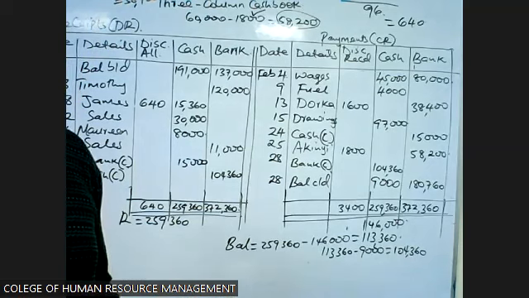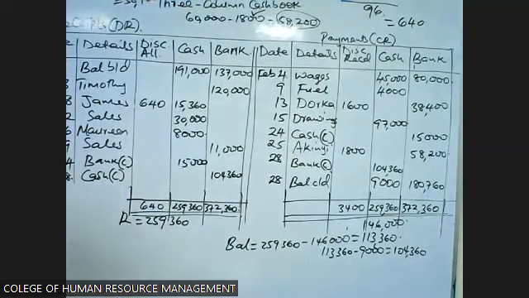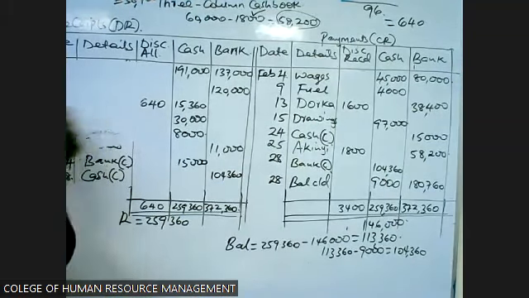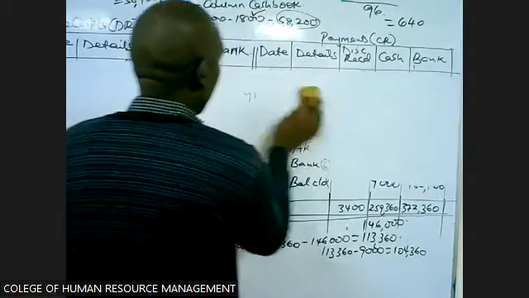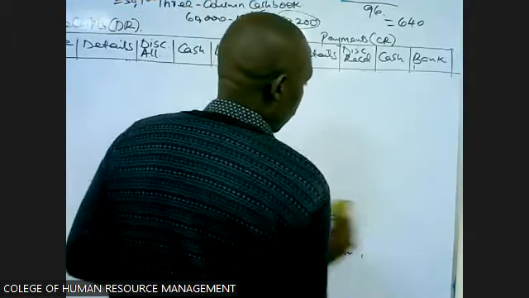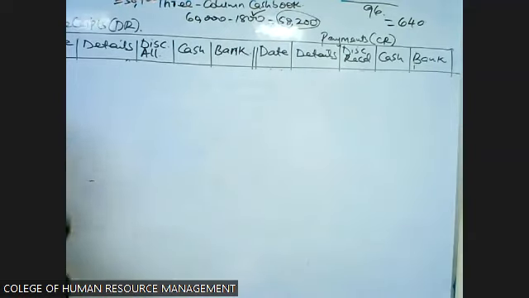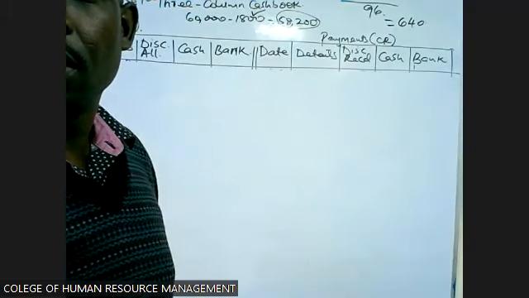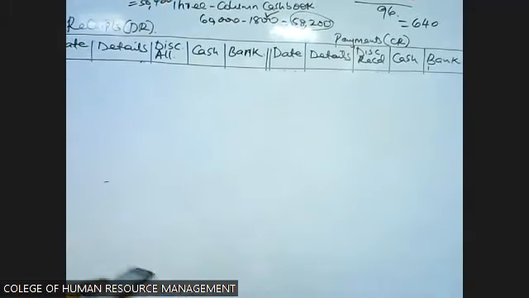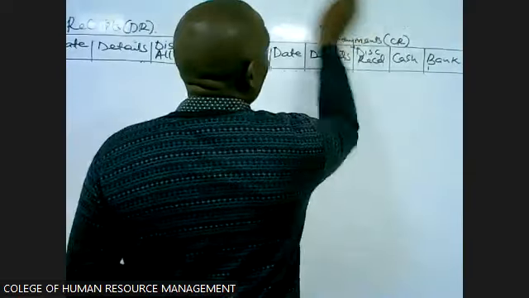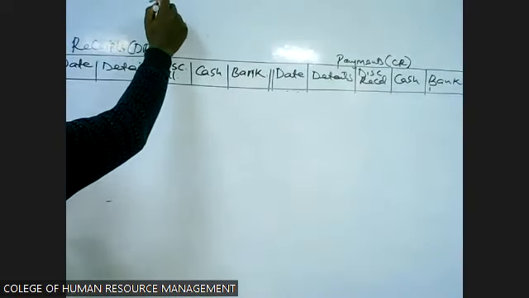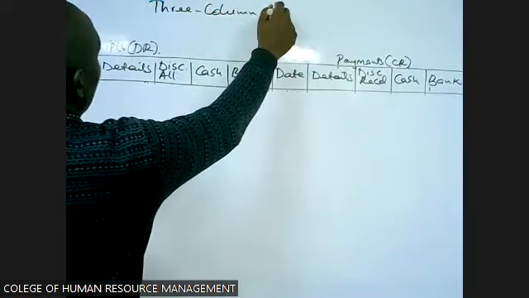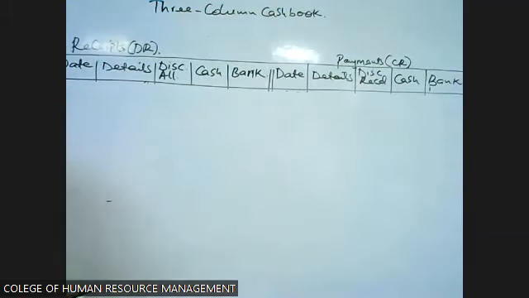We can do question number 3 again together, because I know 3-column cash book is highly tested, so that you can have the facts right. 3-column cash book.